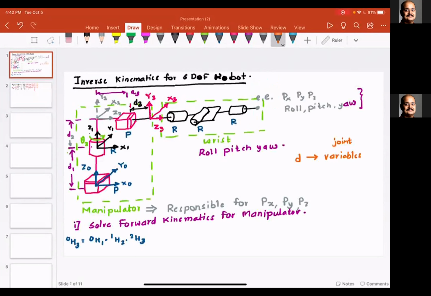I'm going to call them prismatic joint variables, and thetas are revolute joint variables. And please note D3 is over here.